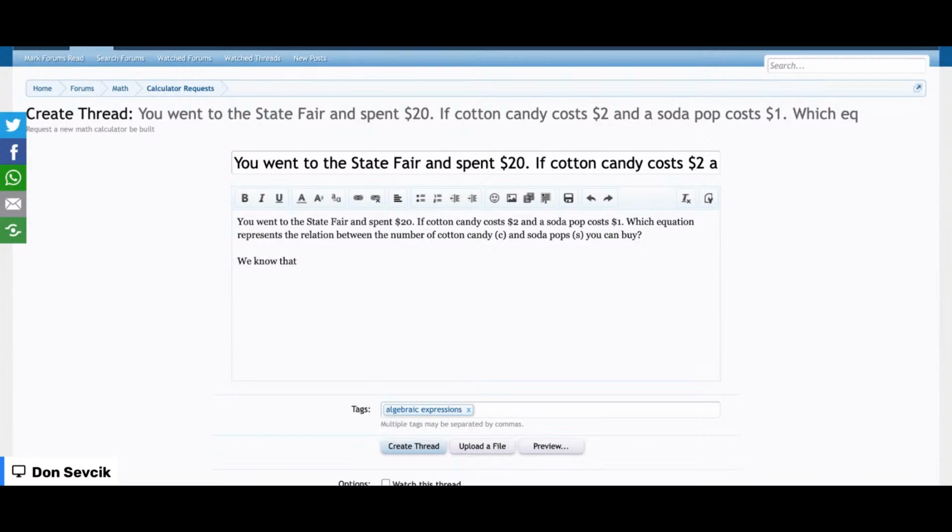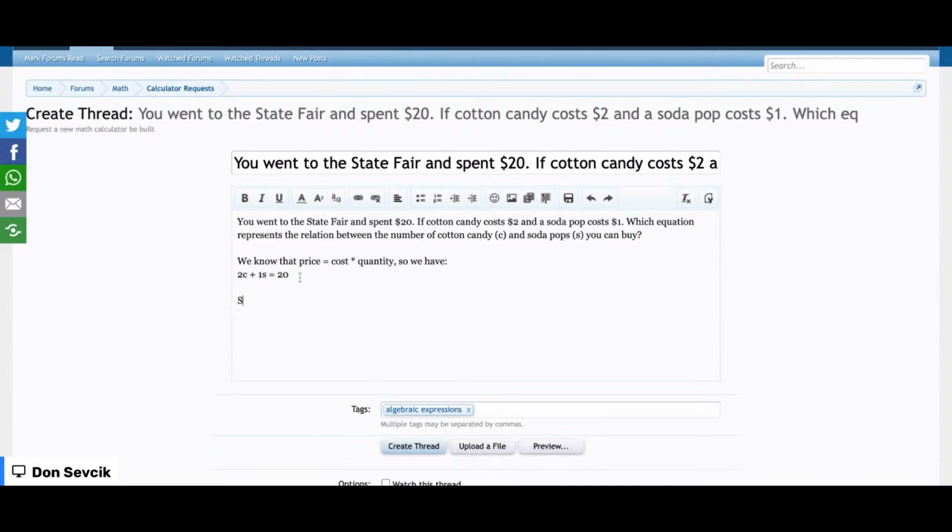We know that price equals cost times quantity. So we have $2 cost per cotton candy times C cotton candies plus $1 per soda pop times S soda pops equals $20.